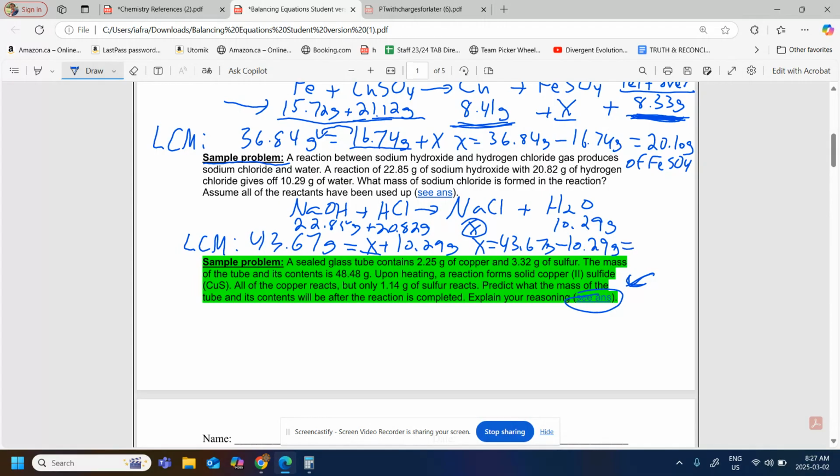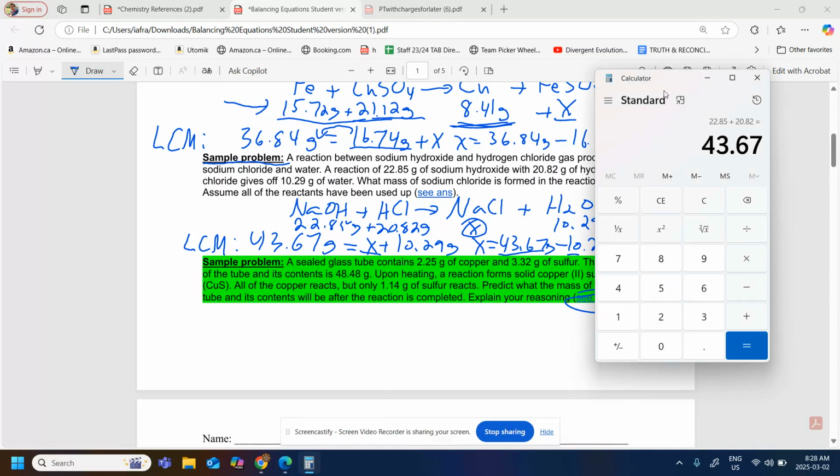And so we'll get 33.38 grams of NaCl. So we just did 43 minus 10 gives you 33. We had 33.67 minus 0.2, that's 0.47, and then we had one left over, so 0.48.